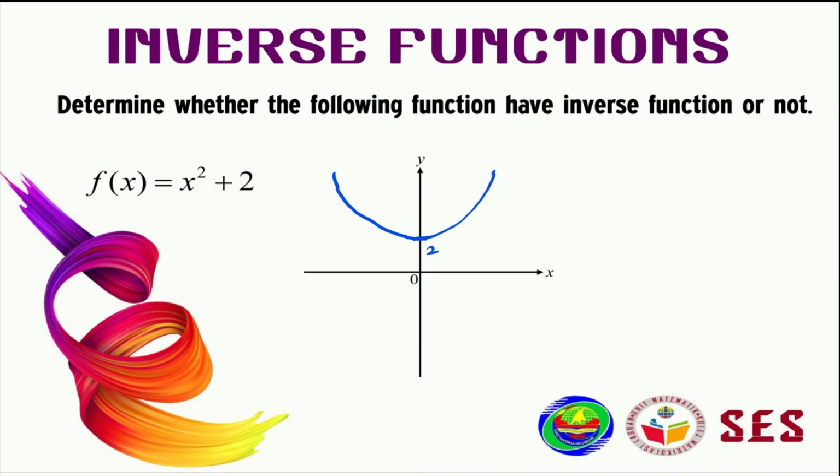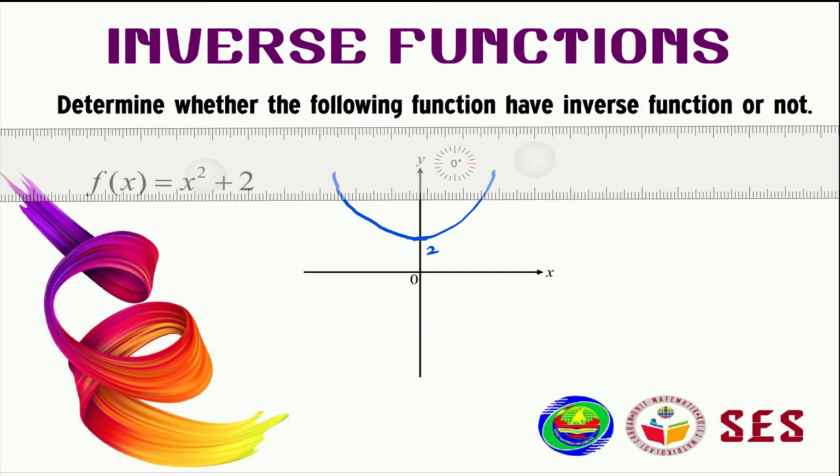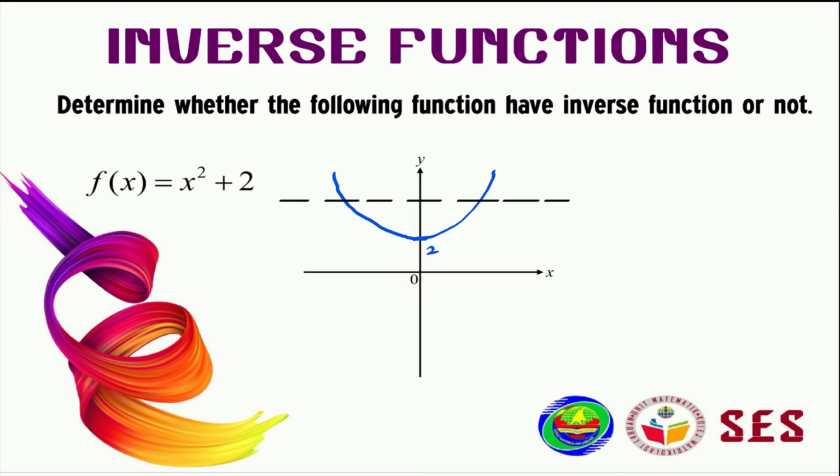We need to do the horizontal line test here. Please make sure we sketch the line at a place where we have the graph. It is clear that this horizontal line cuts the graph at more than one point, so it is not a one-to-one function.